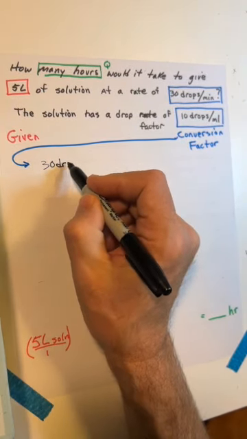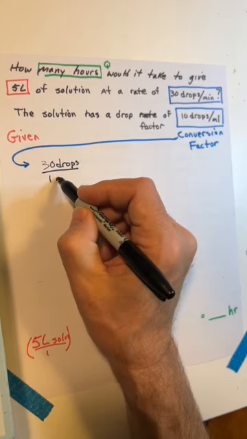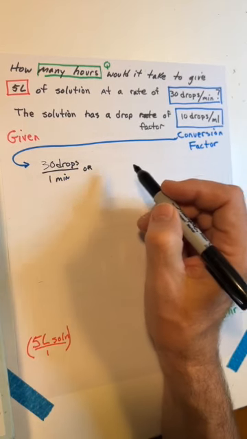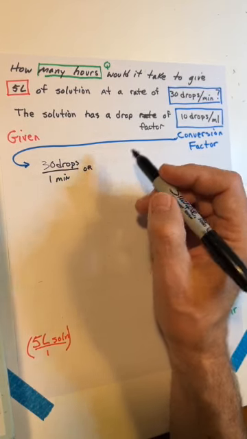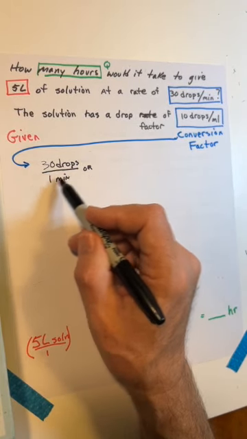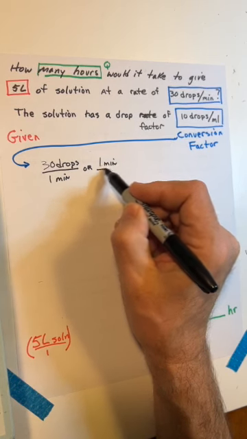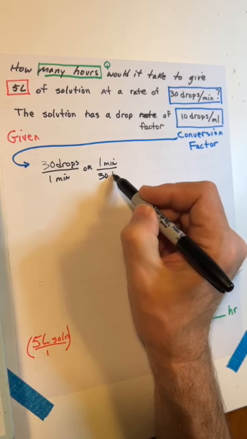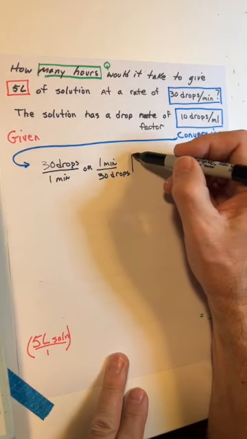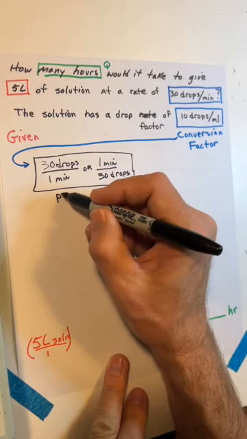30 drops in 1 minute. And in class, we did that little activity where you had these cards with this fraction and then the opposite fraction. And you only get to pick one of them. So it's pick one.